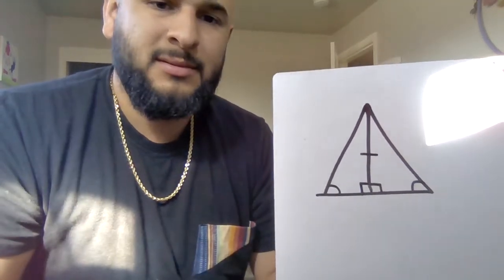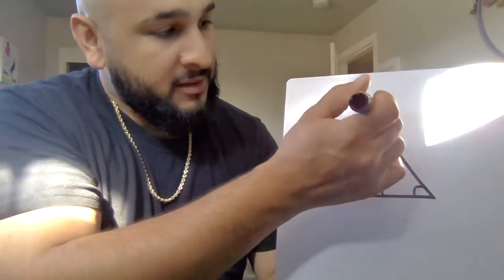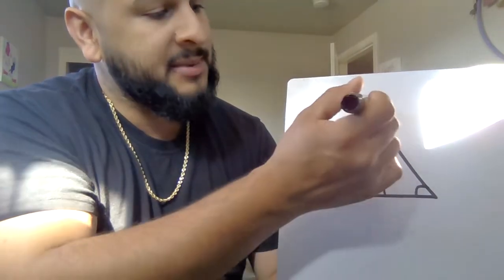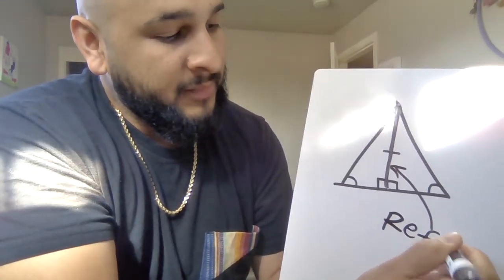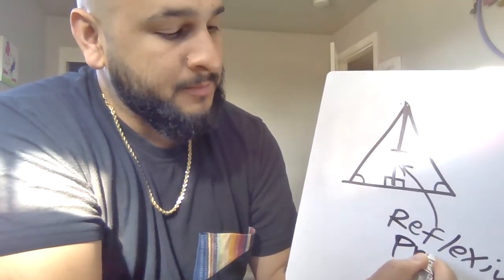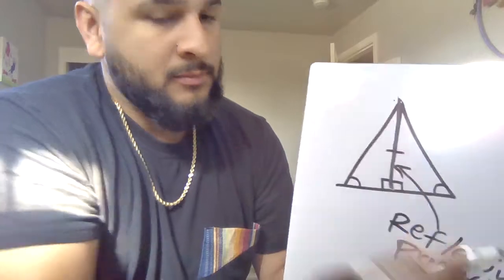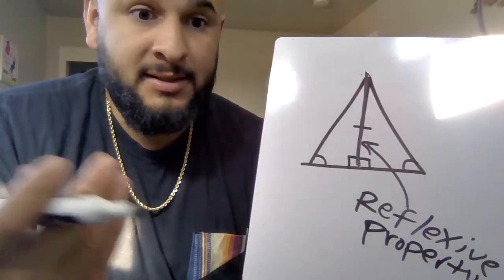So obviously they're going to be the same size because they're the same line. This line is the same size as this line, and that is called the reflexive property. Reflexive property just says the same line is the same size as the same line.